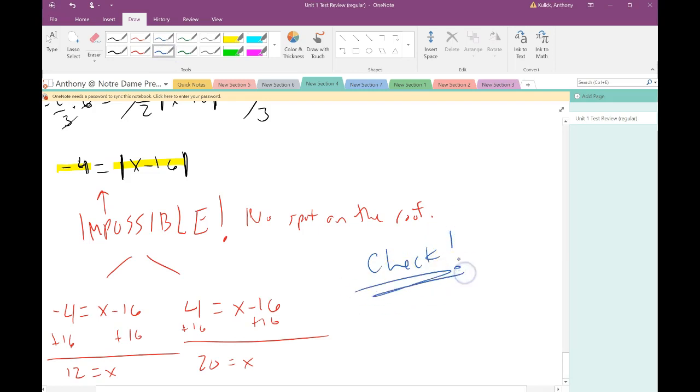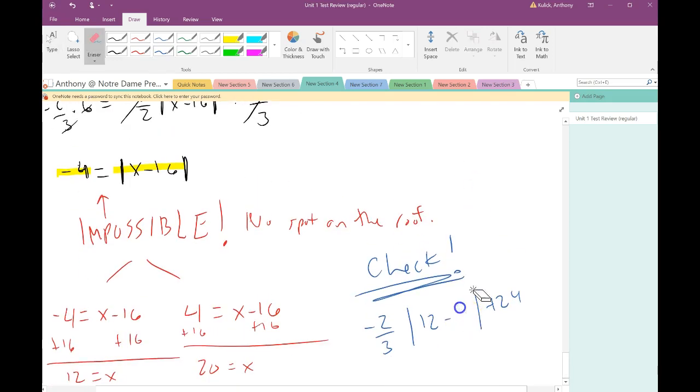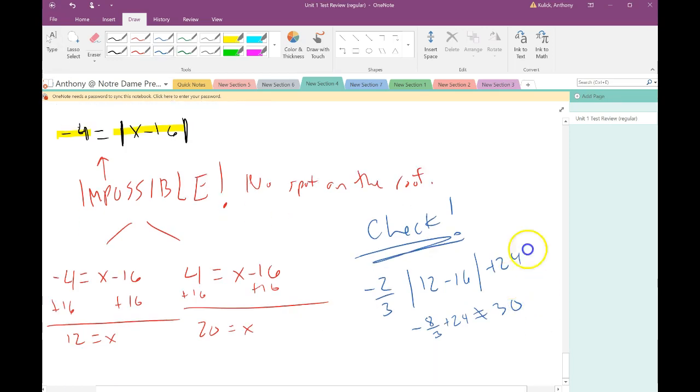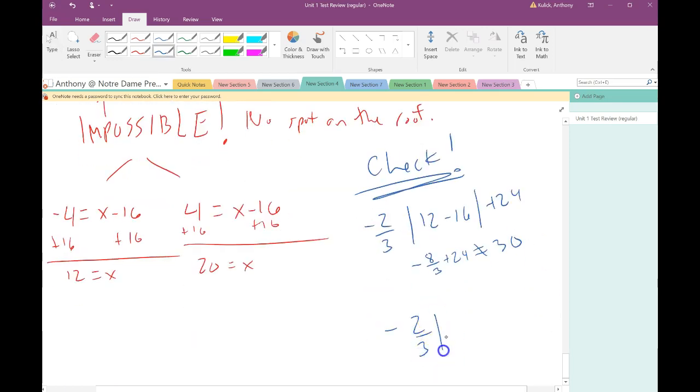You forgot to check. If I go and plug 20 back, or 12 back in, I get that, and if I plug in 20, I again get negative 8/3 plus 24 again, which is not 30.